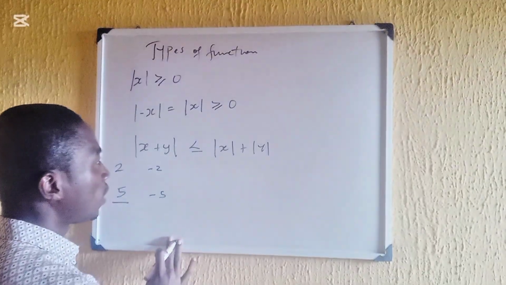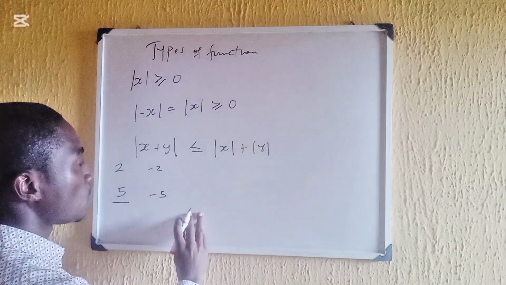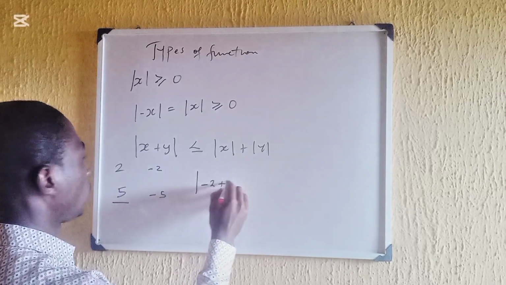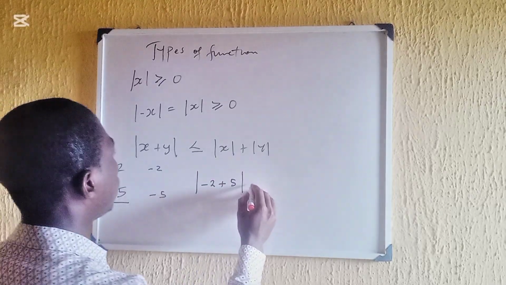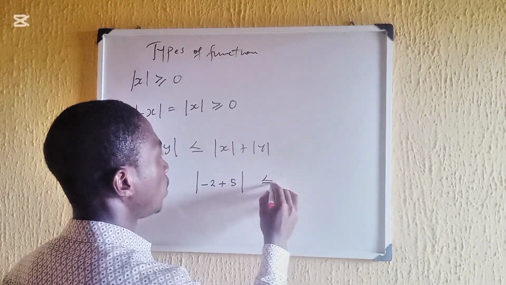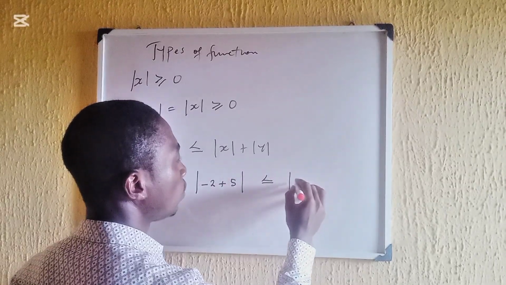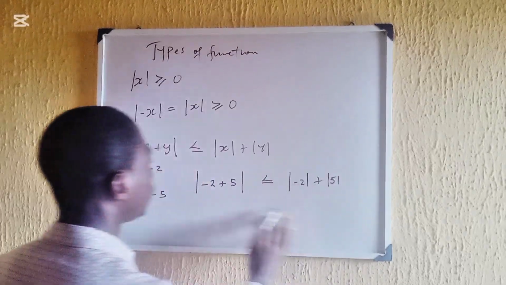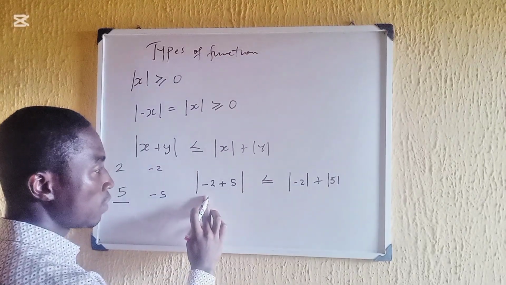Okay, now let's assume that x is equal to minus 2. So we'll be having modulus of minus 2 plus 5, and that will be less than or equal to modulus of minus 2 plus modulus of 5. 5 minus 2, that gives us 3.